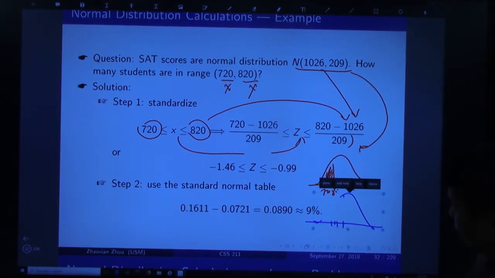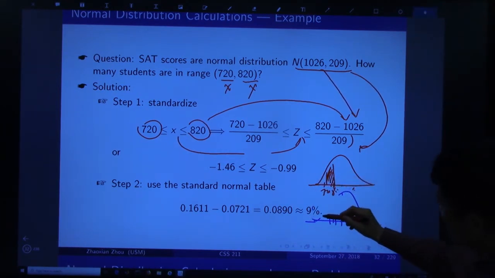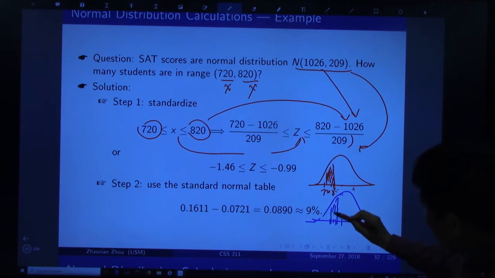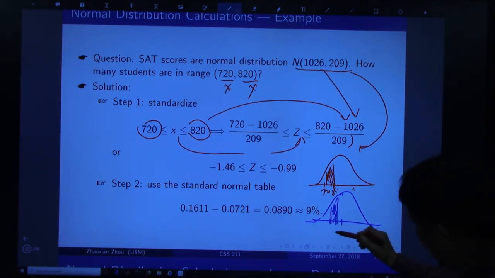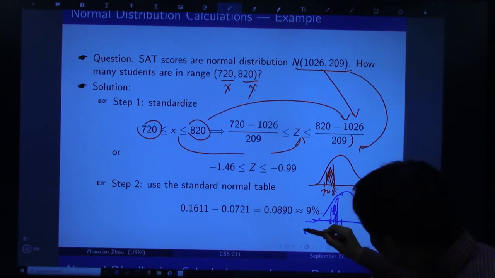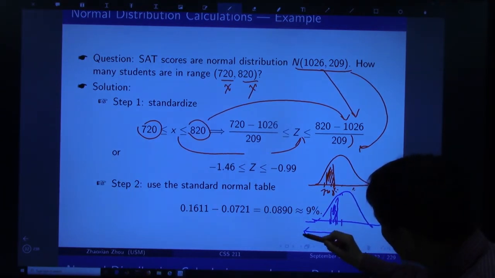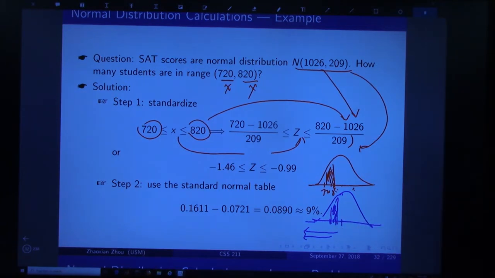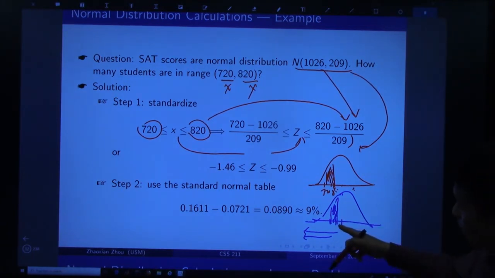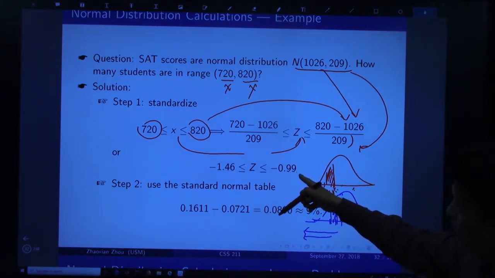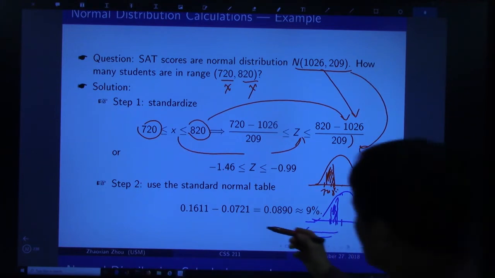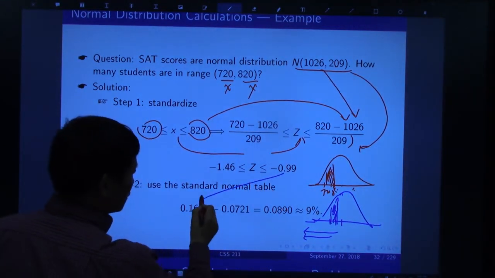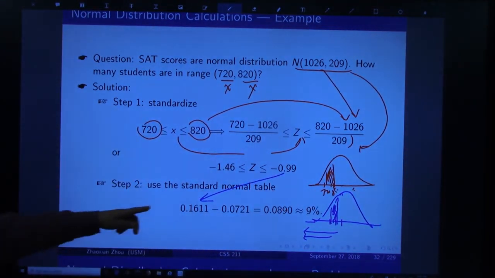To calculate the proportion here, we need to calculate the area of this part, then subtract the area of this part, and the difference between them will be here. From table A, corresponding to negative 0.99, this is this one. How do we get this number?